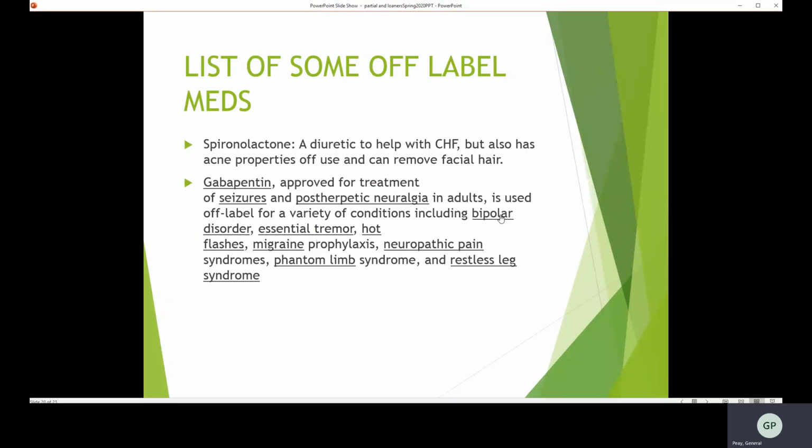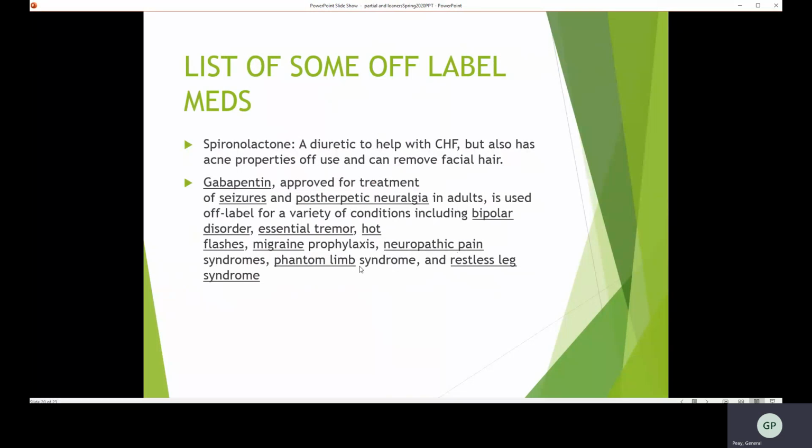Off-label, it is used for bipolar disorder. This is when you have different mood disorders, where it goes up and down. Essential tremors, where there's a lot of shaking in your body. Hot flashes, when women go through menopause. Migraine prophylaxis, so this drug helps when you've got a migraine coming on. Neuropathic pain, which is just pain dealing with your nerves.